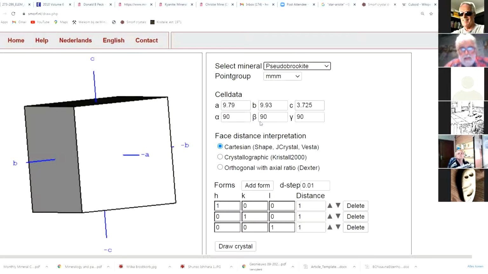By seeing these 3 axes at 90 degrees, and seeing that there are 3 different values here for A, B, and C, you know immediately that this is the orthorhombic crystal system. So pseudobruchite belongs to the orthorhombic crystal system. It has the symmetry MMM, which means it has 3 symmetry planes, and that's all.